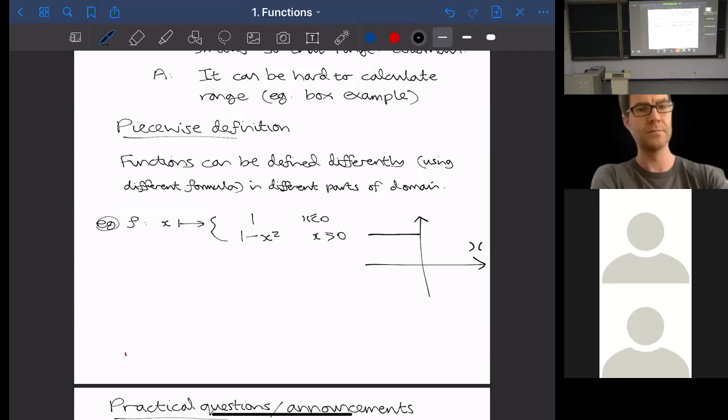And then when x is greater than 0, the value starts to go down. So for instance, we can see from the formula when x is 1, then the value is 0.